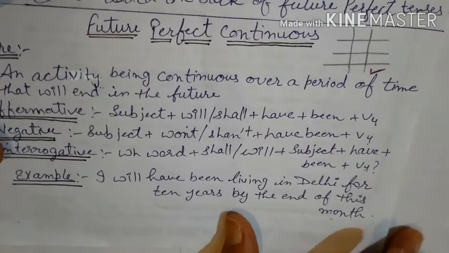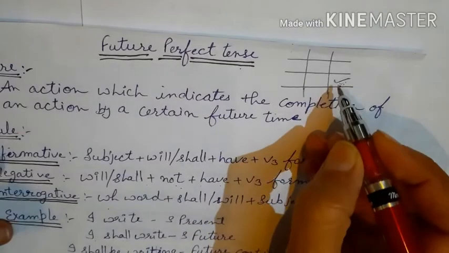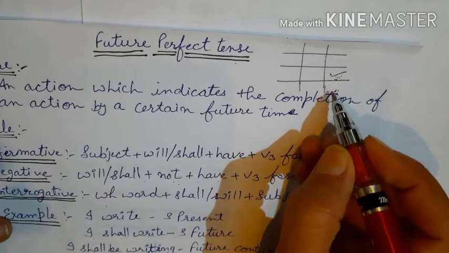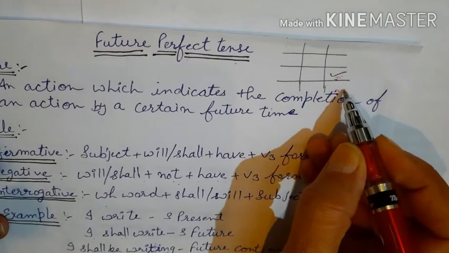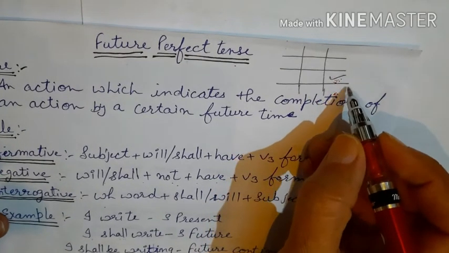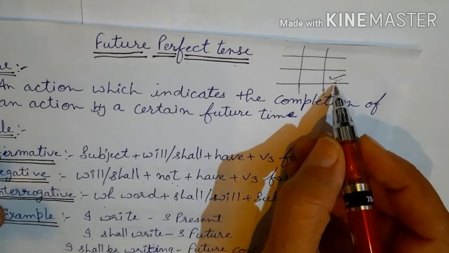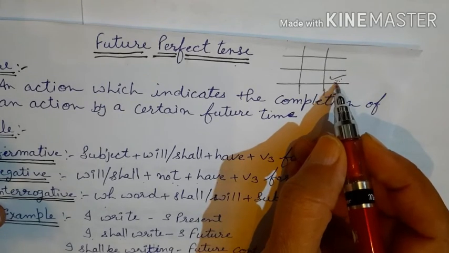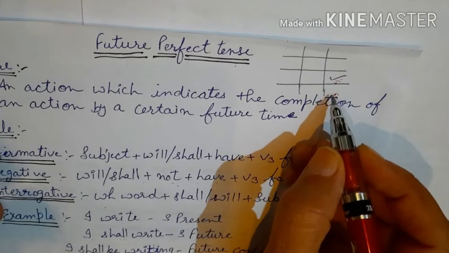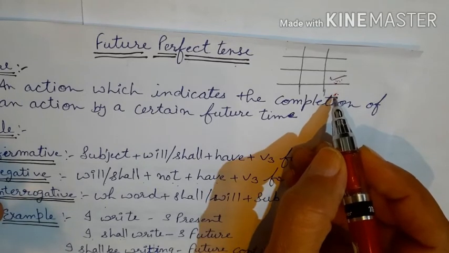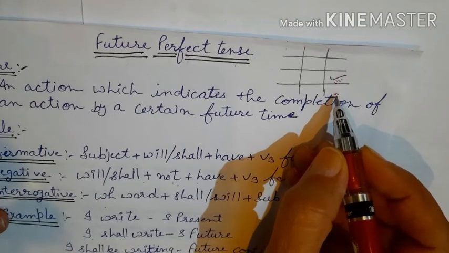Now students, let's do one comparison between your future perfect tense and future perfect continuous tense. I, being a teacher, if I say by December I will have taught in this school for 12 years. Now if I say, by December I will have been teaching in this school for 12 years, what do I mean?